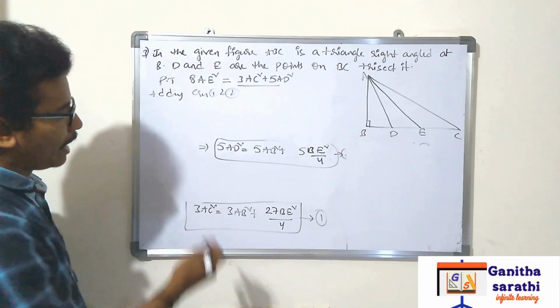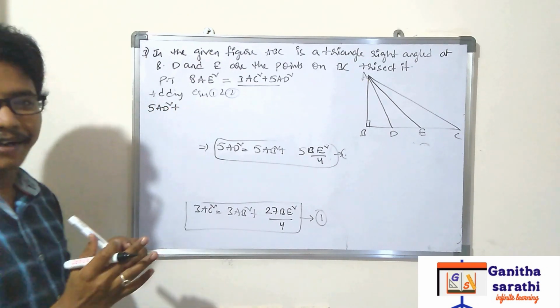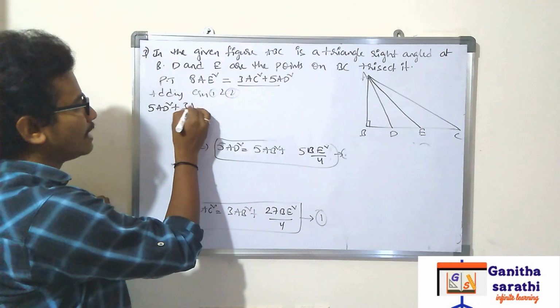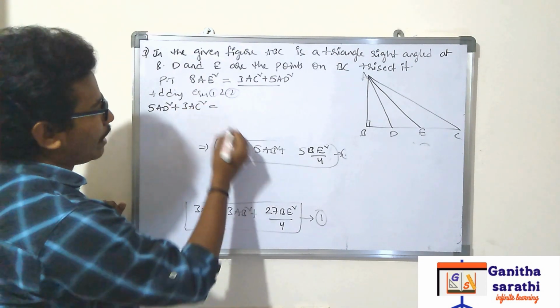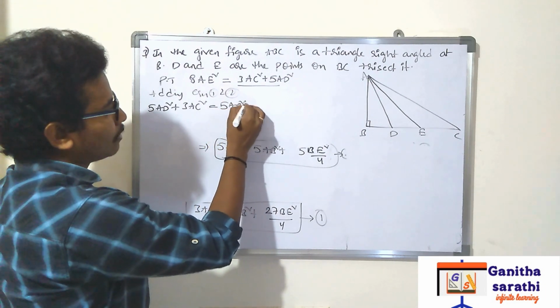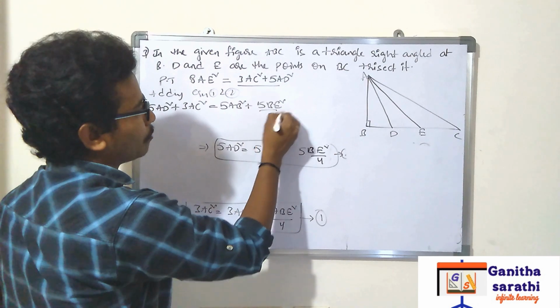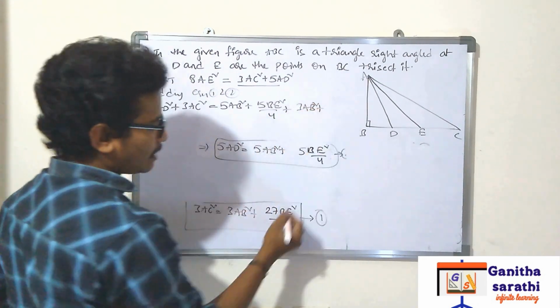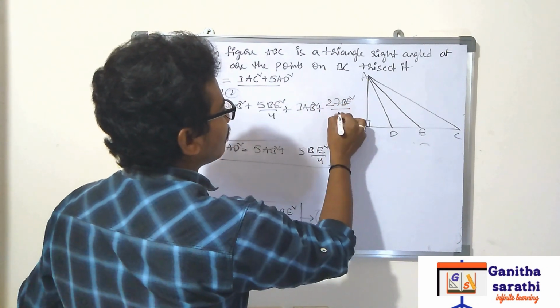Left hand side wise and right hand side wise: 5 AD square plus 3AC square is equal to 5AB square plus 5BE square by 4 plus 3AB square plus 27BE square by 4.